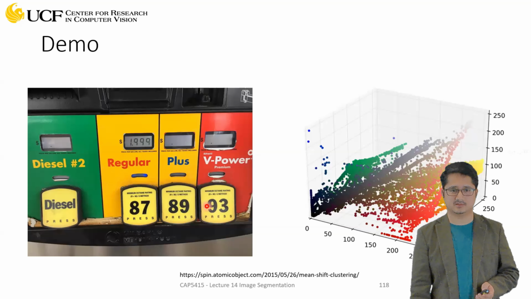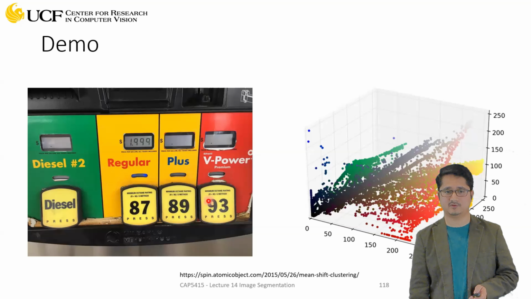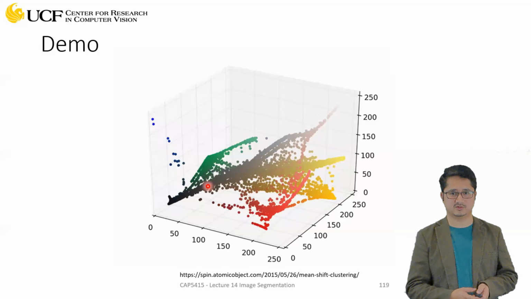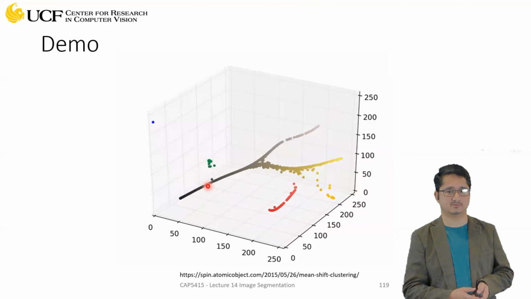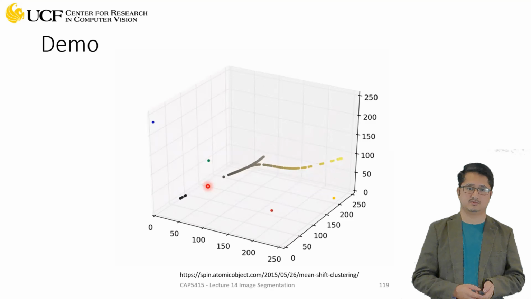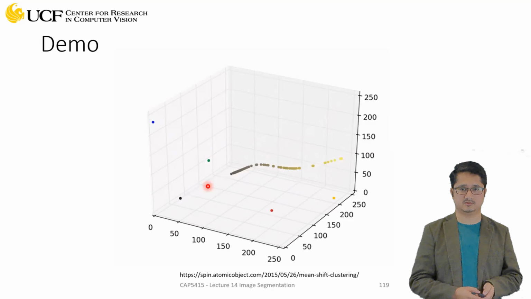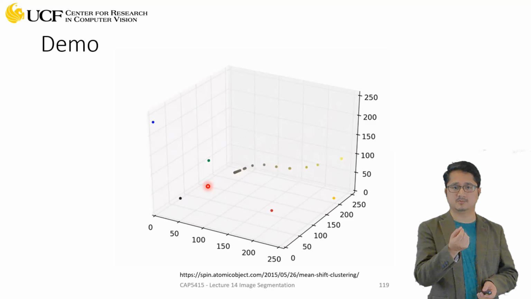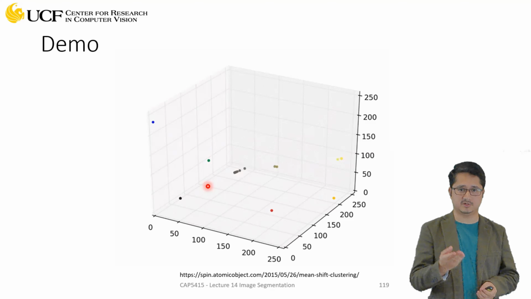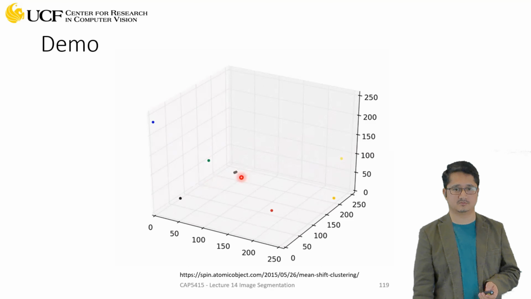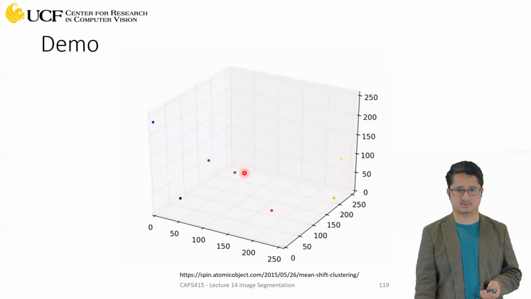And again, this is a pretty nice example from a real world image. It's very noisy, but still the algorithm is very, very robust. And you can see how different modes are converging. You started from different locations. For some points, it converged pretty quickly, but for some points, it's still trying to converge. Okay, so now we are done.